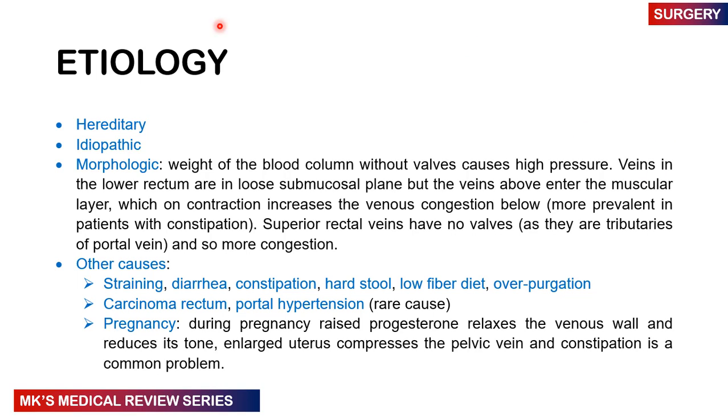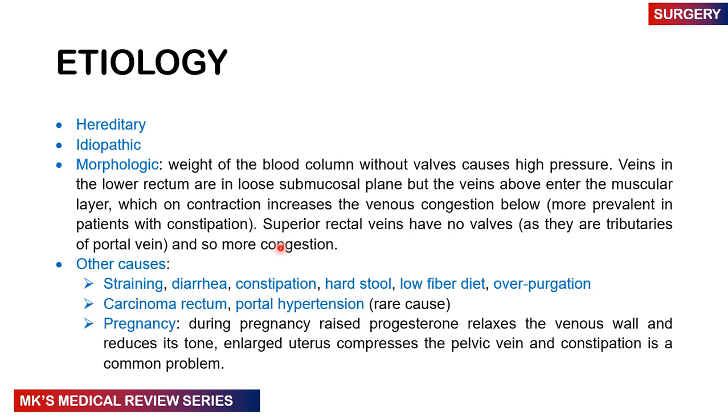The veins in the lower rectum are in the loose submucosal plane, but the veins above enter into the muscular layer, which on contraction increases the venous congestion below. So it means that blood is being pushed back, and this is much more evident when someone has constipation.